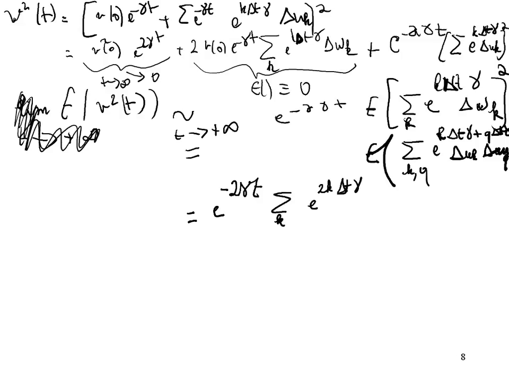And the term we are left with is simply, d omega k d omega q, by definition, delta t.